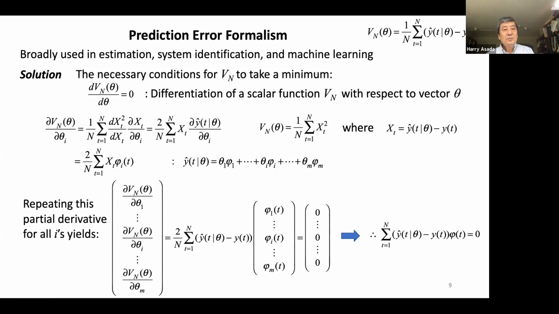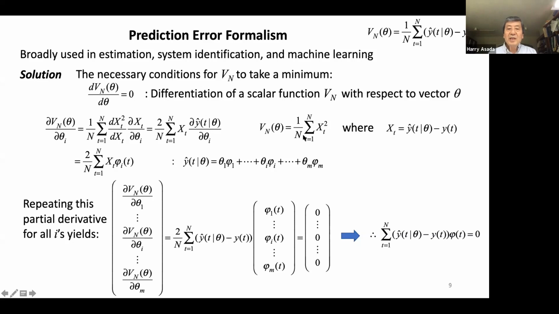For instance, let's pick the i-th component, theta_i. So partial V_n over partial theta_i, right? Let's see this guy. We have V_n, here, y hat minus y squared. Let's replace this by capital X_t, and so this is 1 over n summation of capital X_t squared, right?